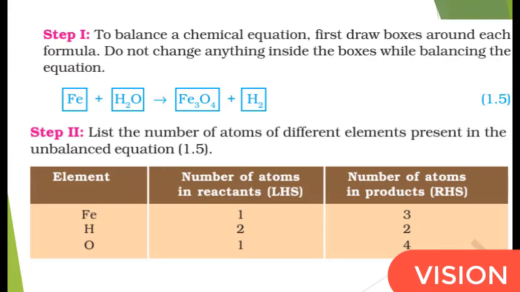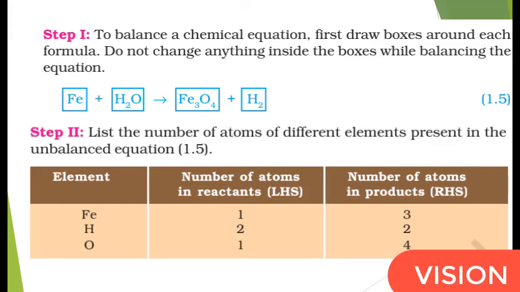This is an unbalanced equation. We have balanced it with 7 steps. First step is putting square boxes for each molecule, and another notable point is that after putting square boxes, there is a condition: no corrections or changes can be made inside the square boxes.